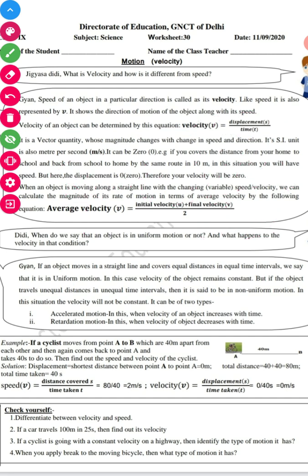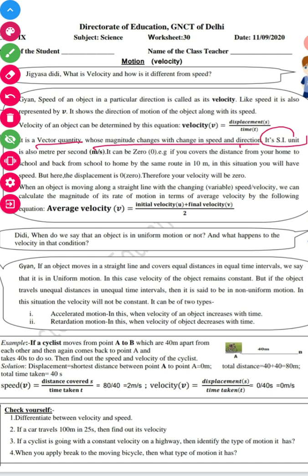As I told you, it is a vector quantity because it has both magnitude as well as direction. Those quantities which have magnitude and direction are called vector quantities, whose magnitude changes with the change in the speed and direction.